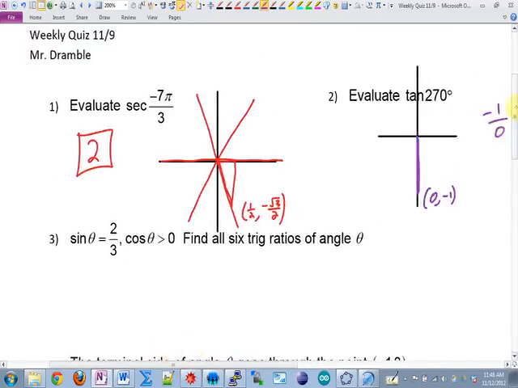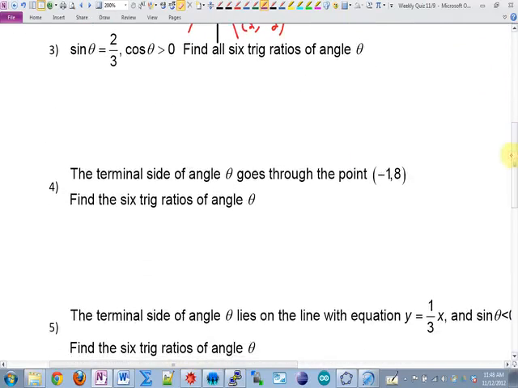Next, number 3. Seeing a substantial number of mistakes, particularly with how the triangles are being drawn. You're told that sine of theta is 2/3, so that's positive, so that's either quadrant 1 or 2. But you're also told cosine is positive, so the only quadrant with which sine and cosine are both positive is quadrant 1.